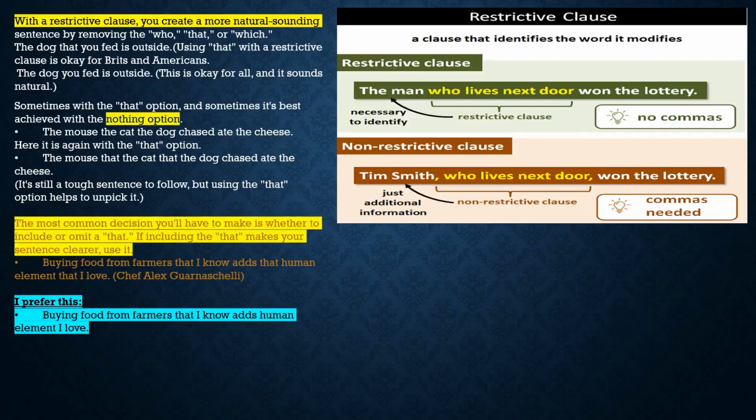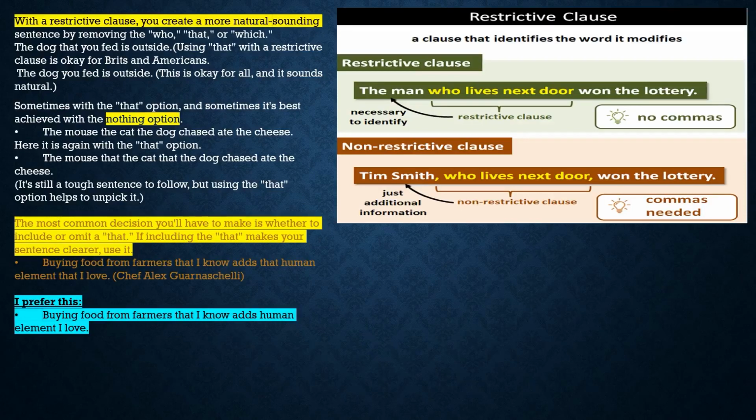Here it is again with the that option: the mouse that the cat that the dog chased ate the cheese. It's still a tough sentence to follow, but using that helps to unpick it. The most common decision you will have to make is whether to include or omit a that. If including the that makes your sentence clear, use it; otherwise avoid it.